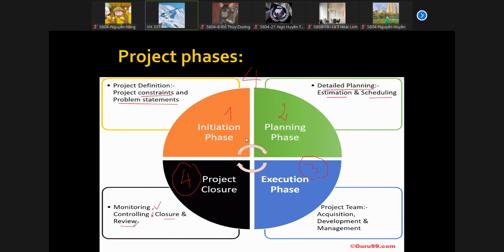So that is about the 4 stages or the 4 phases in a project life cycle. Vậy thì mỗi vòng đời của một dự án bao giờ cũng bao gồm 4 cái giai đoạn trên. Now, so the second question, how many stages are there in a project life cycle, has been answered.